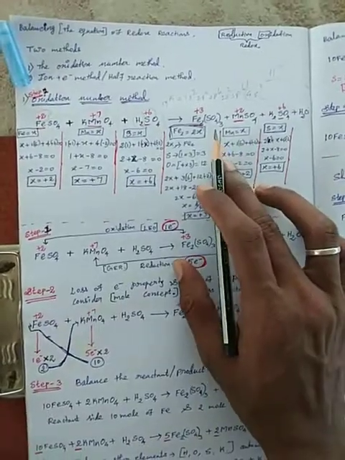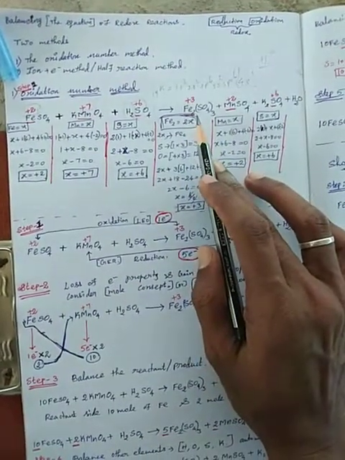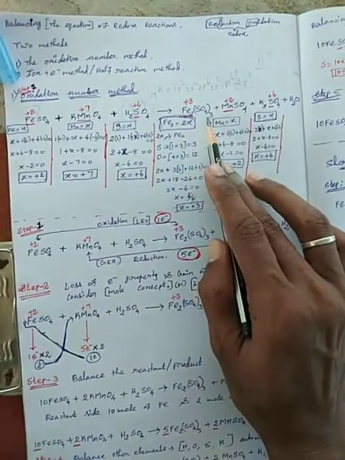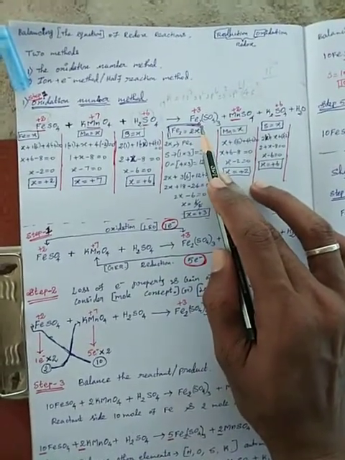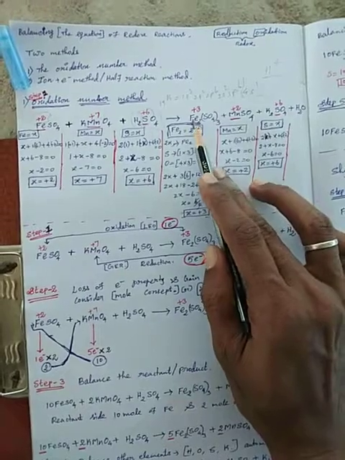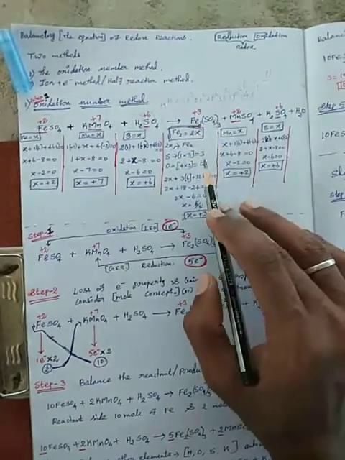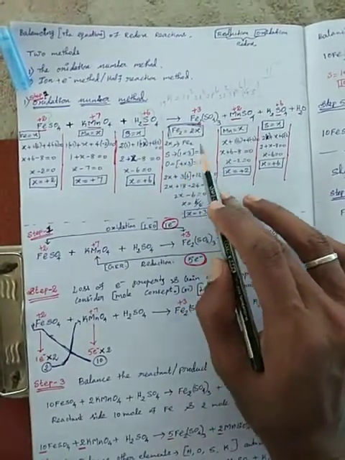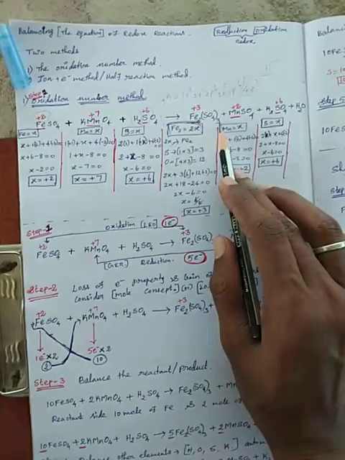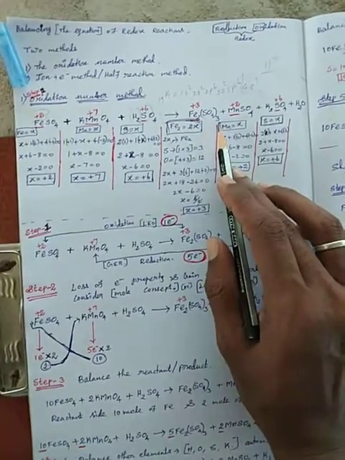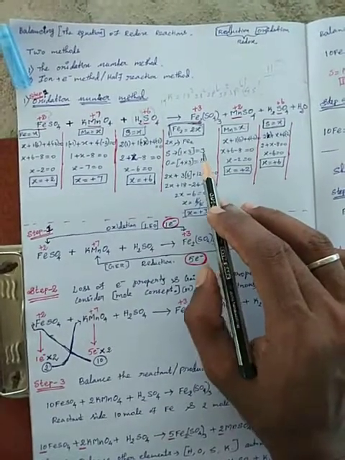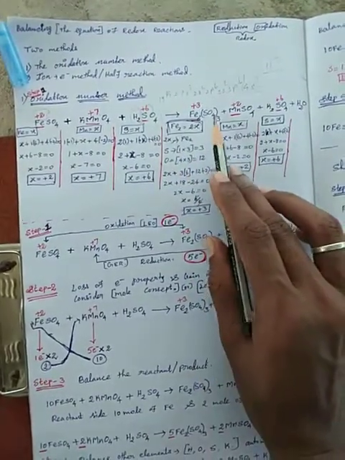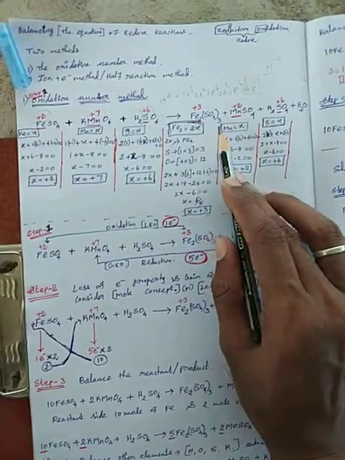So for the product part, students, we calculate the same way: Fe2(SO4)3. X means the Fe ions, 2 into X for Fe. The sulfur atom 1 into 3, and the oxide atom 4 into 3, 12.